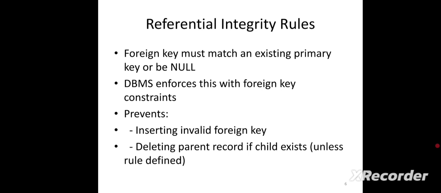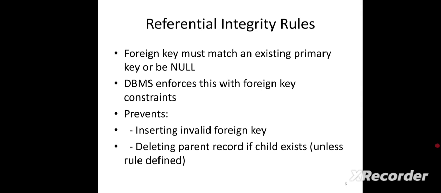Referential integrity is enforced through certain rules that the database must follow. First, the foreign key must either match an existing primary key in the parent table or be null. Second, the DBMS prevents operations that would break this integrity. For example, you can't insert a record in the child table with an invalid foreign key.